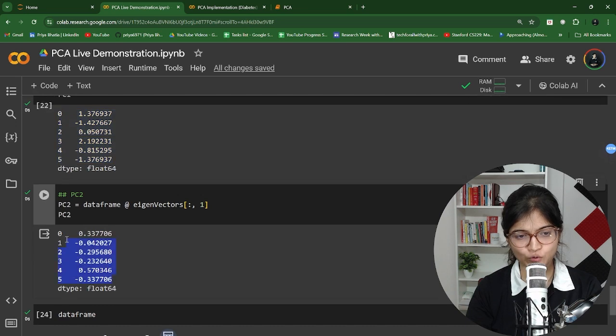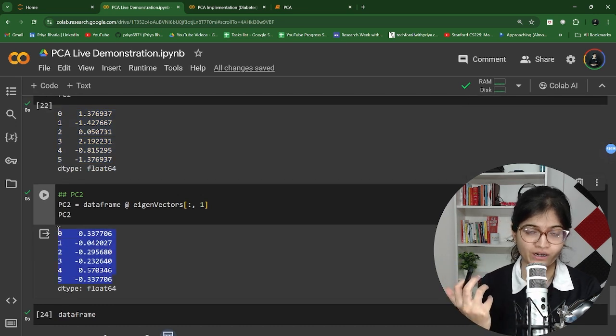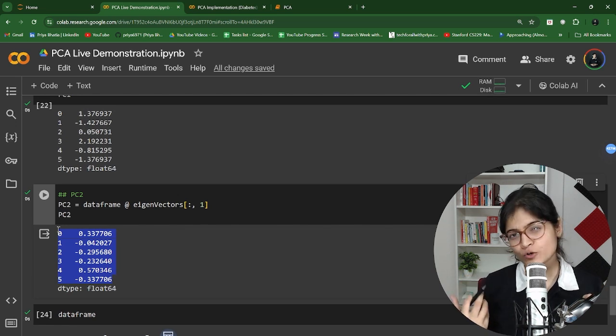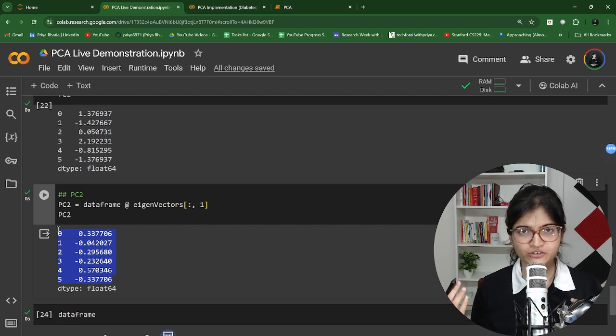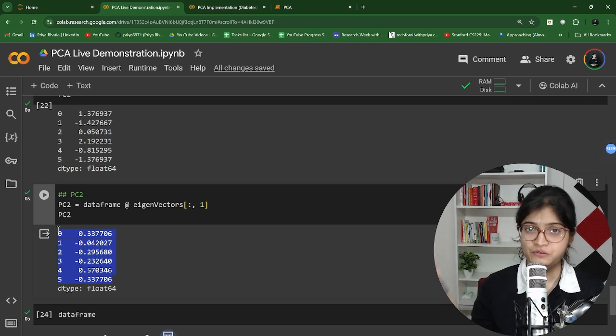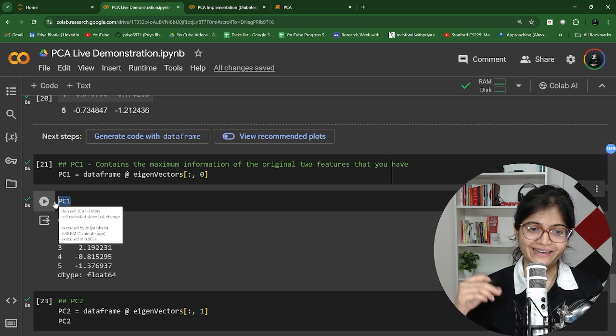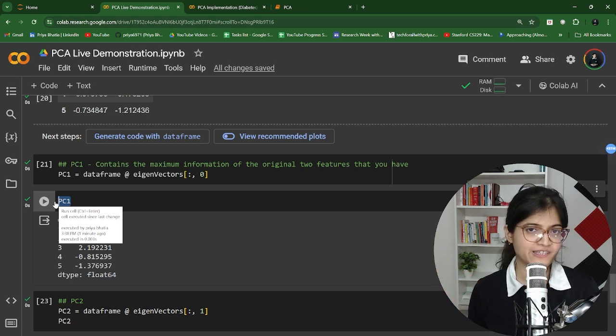And if I go for the second, PC2, it contains smaller information compared to PC1. So if someone says that I don't want to use the 2D features, I just want to use the 1D feature, but I want the maximum information to be available, in that case they can directly go for PC1 and train their model on PC1 itself.